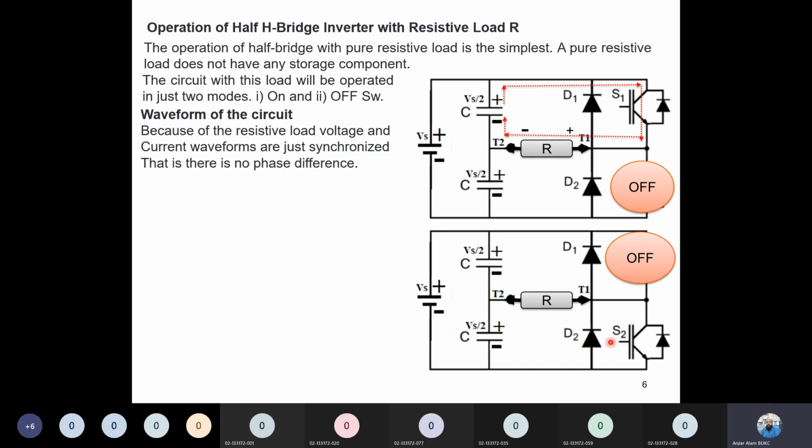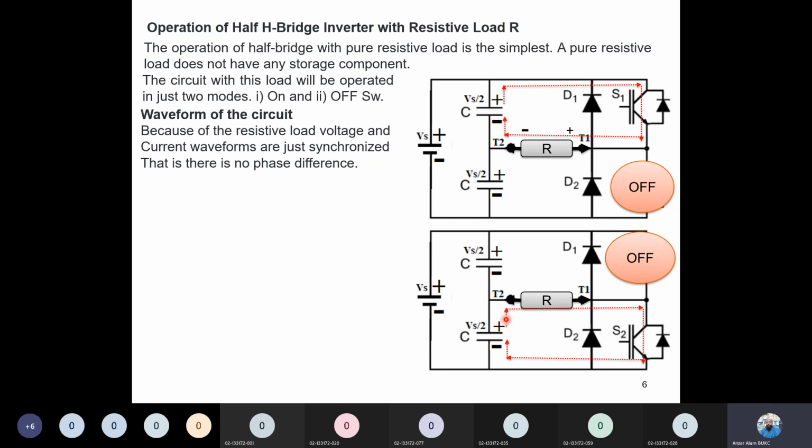Will S2 turn on? Yes, it will turn on, because the source supply plus is connected with this collector. Of course it has to turn on, and you are supplying the signal at S2, so this will turn on. So the current path will be like this one.